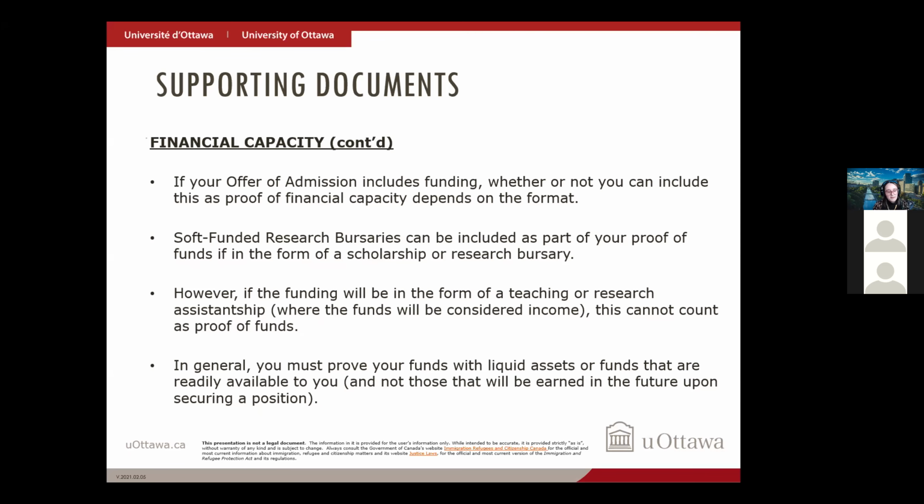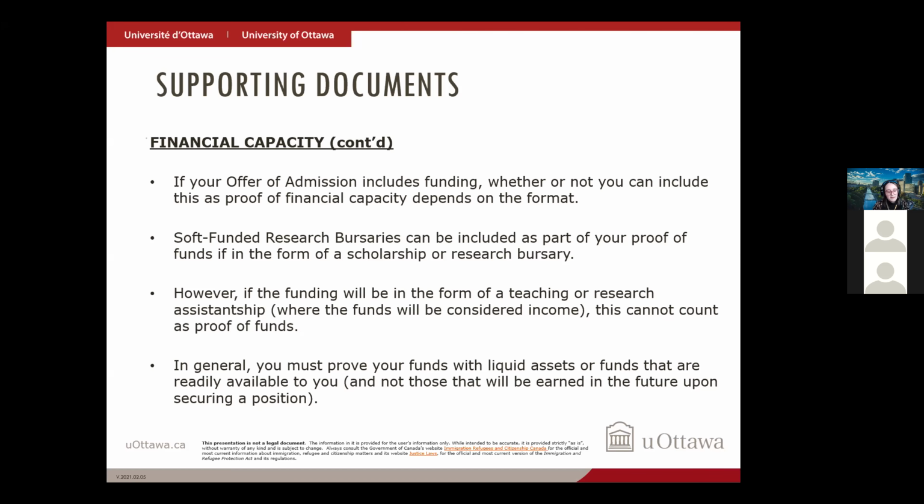Funded research bursaries can be included as proof of funds if it's in the form of a scholarship or a research bursary. However, if the funding is in the form of a teaching or research assistantship, a TA or RA contract, where the funds are considered income, this unfortunately cannot count as proof of funds in your study permit application.